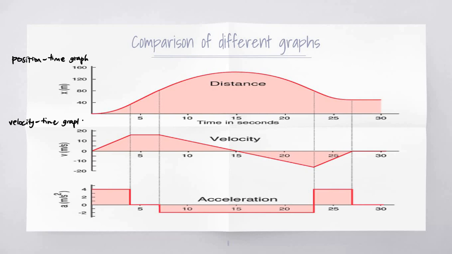And the last graph on the bottommost part is what we call the acceleration time graph. Before we proceed to interpreting parts of this graph, we need to identify first the variables used in this graph.